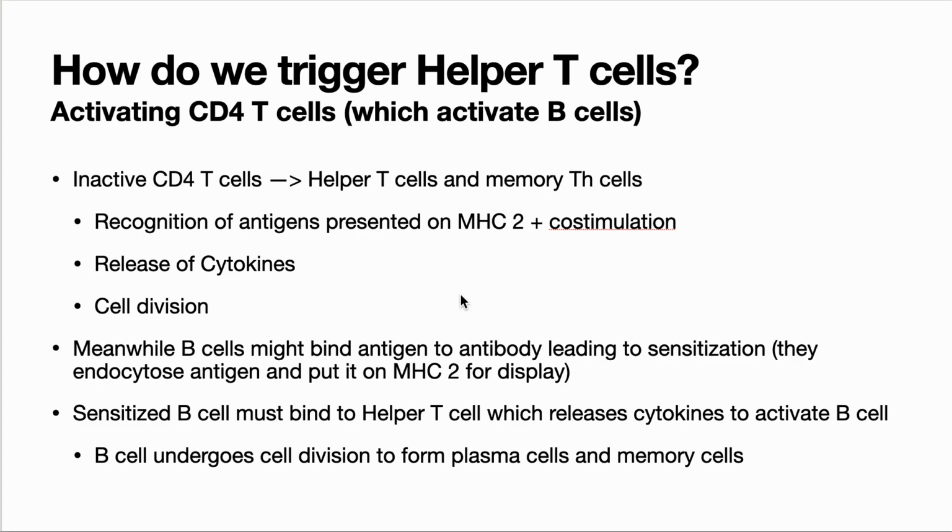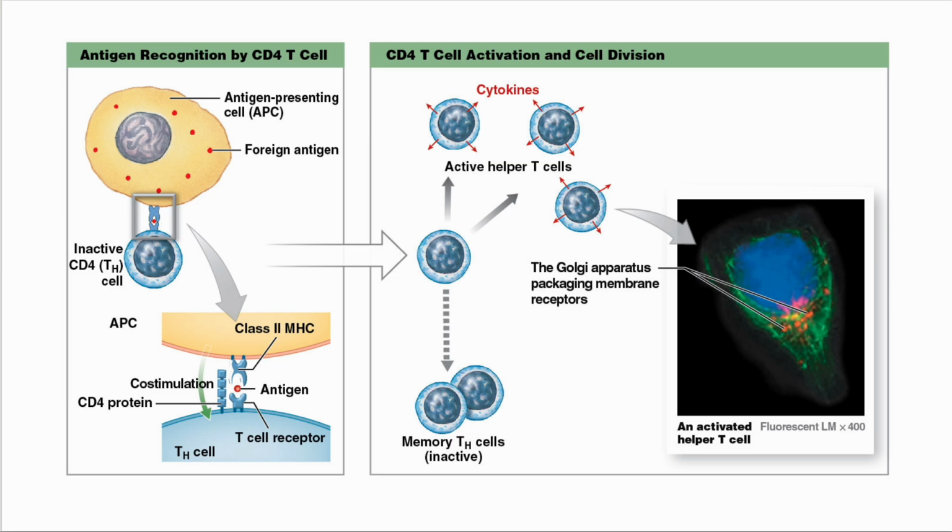So this is a complicated series of events in order to get our B cells activated. But once they are activated, then that B cell will undergo cell division to form plasma cells and memory cells. So let's just take a look in pictures because I think it's easier to understand in pictures.